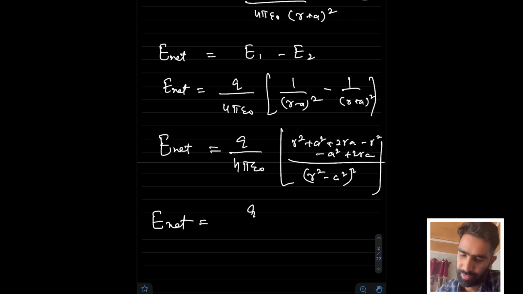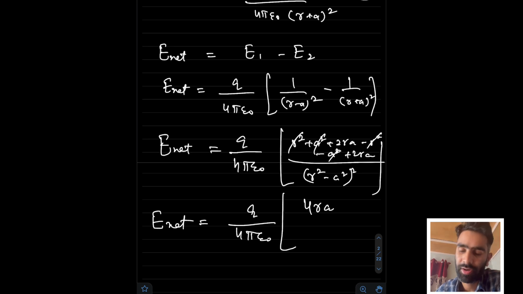E net will be given by q over 4 pi epsilon naught; r square gets cancelled, a square gets cancelled, and we are left with 4ra divided by r square minus a square whole square.